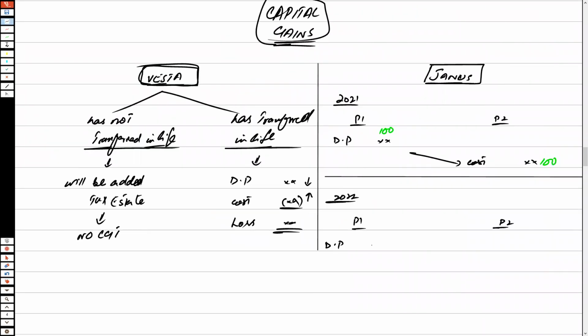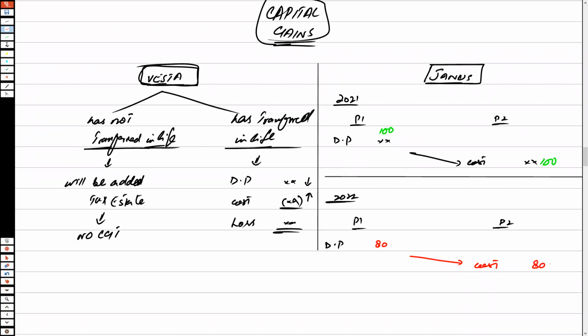Surely it will go down. For example, the current market value of the asset has now declined from 100 to 80. So the disposal proceeds of the first person would be considered as cost for the other person.